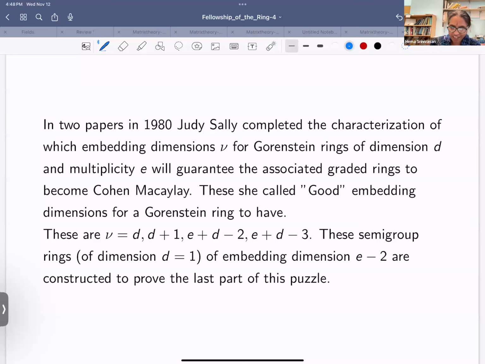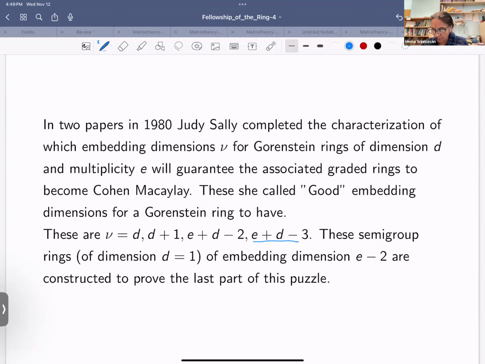And she proved there that these are d or d plus 1, where d is now the dimension, e plus d minus 2, or e plus d minus 3. The semigroup rings are rings of dimension 1. So if I put d as 1, the last bit is e minus 2. Embedding dimension e minus 2 rings are constructed to prove the very last part of this puzzle, this whole theorem, showing that these are the four cases of good embedding dimension a Gorenstein ring can have.